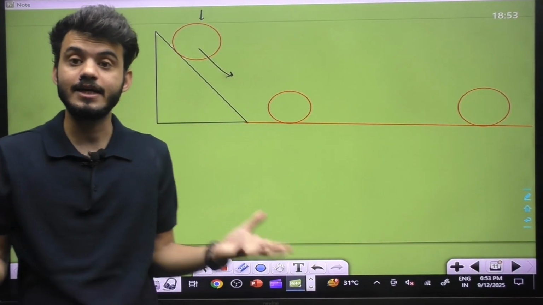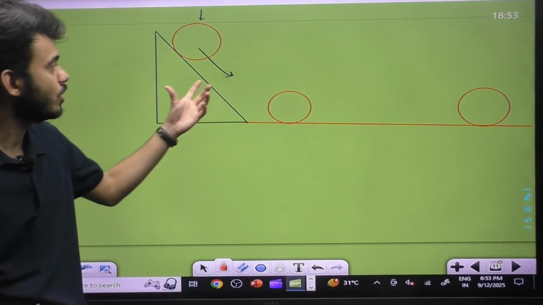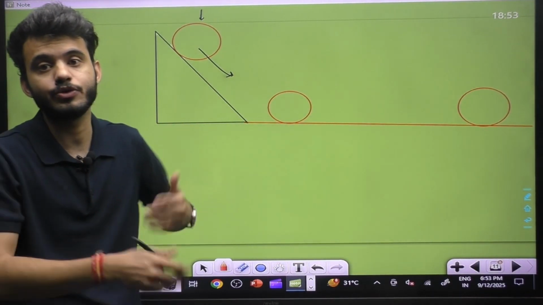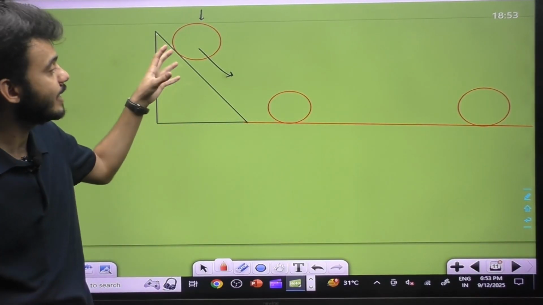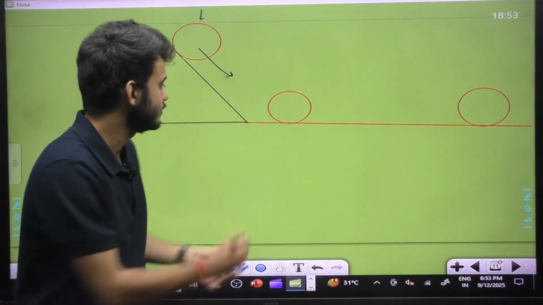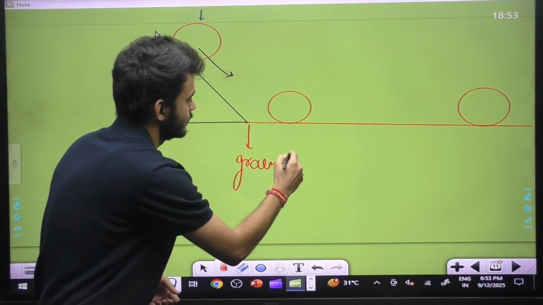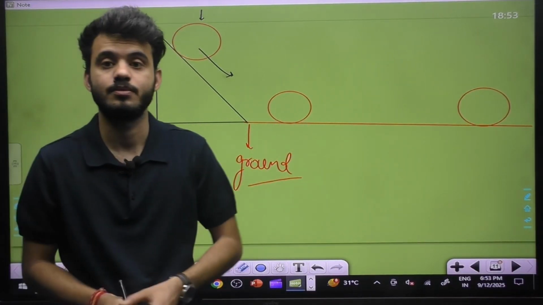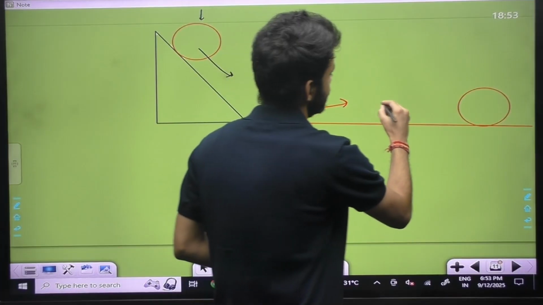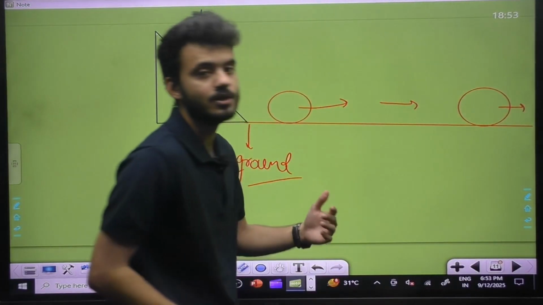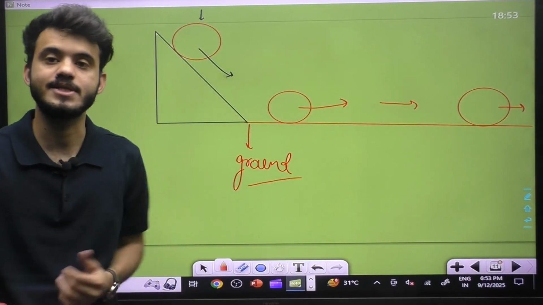As you can clearly give me as an answer, this ball, sir, is going to roll down. Yeah, that is what is going to happen. This ball will roll down to the ground, if we can conclude this as a ground. And in this scenario, students, this ball will continue to roll, continue to move in the right direction or away from the wedge. Now why is it happening? We will discuss it later.